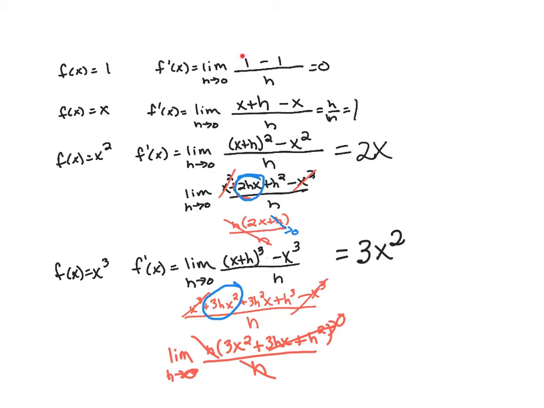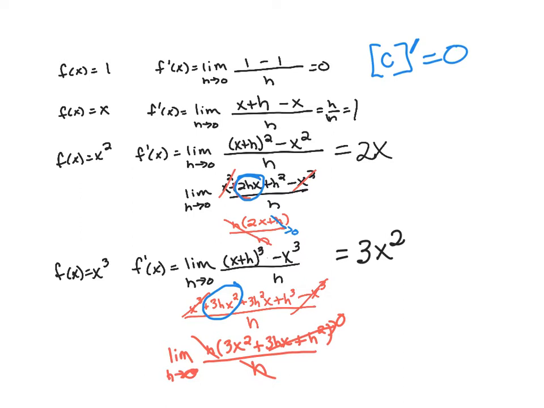The difference between f of x plus h and f of x is just 1 minus 1, which gives me 0. So when I take a derivative of a constant, let me write this down here, the derivative of a constant, prime meaning take the derivative, is just 0.